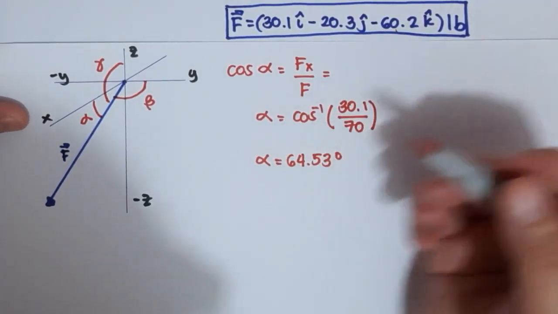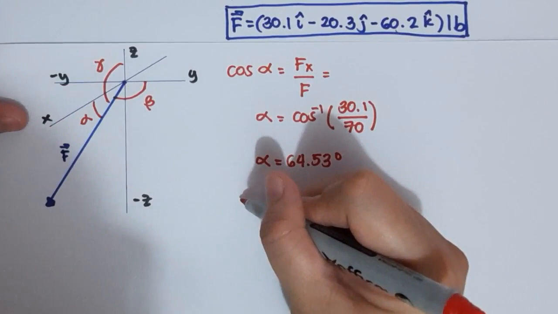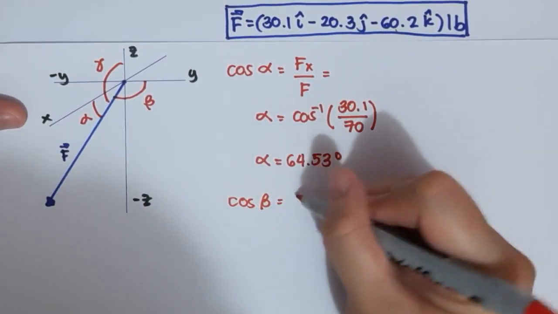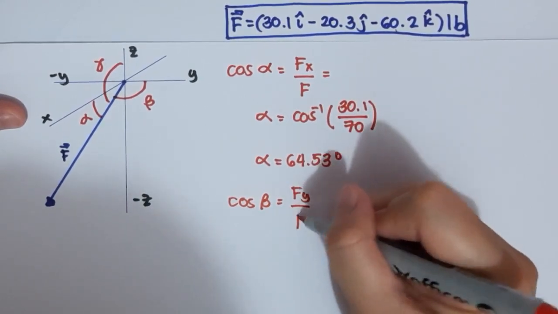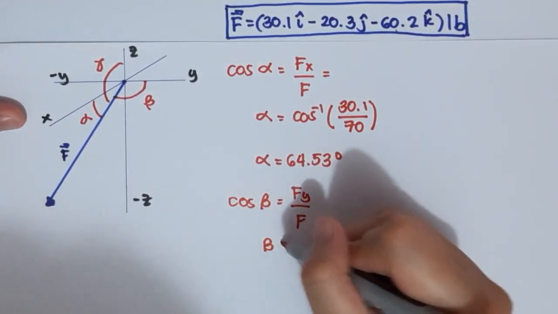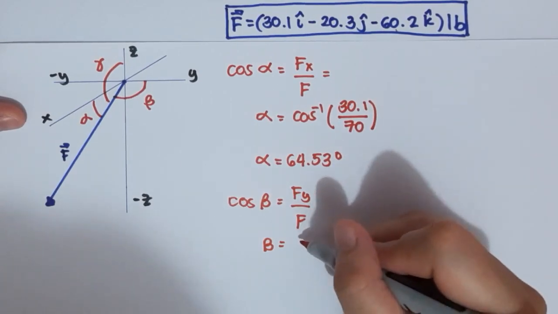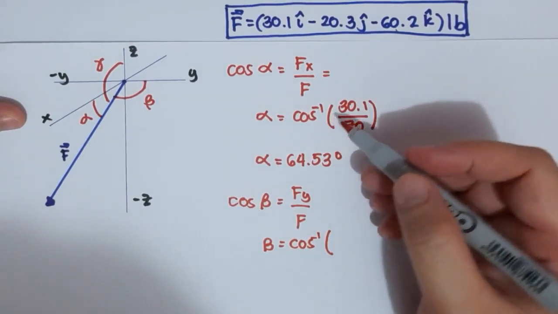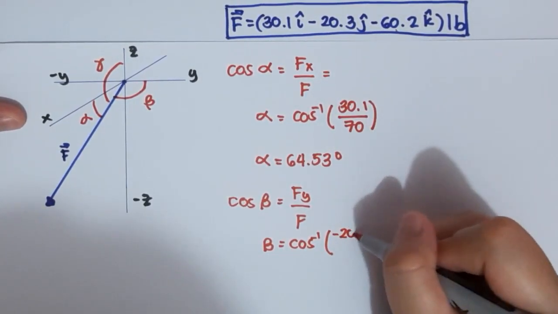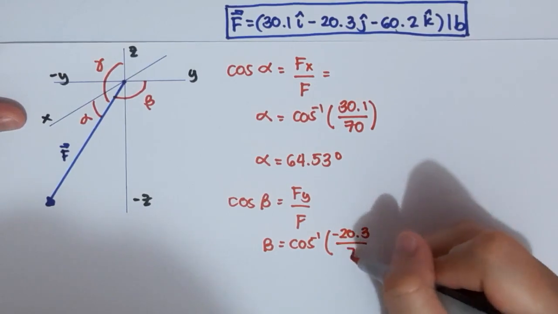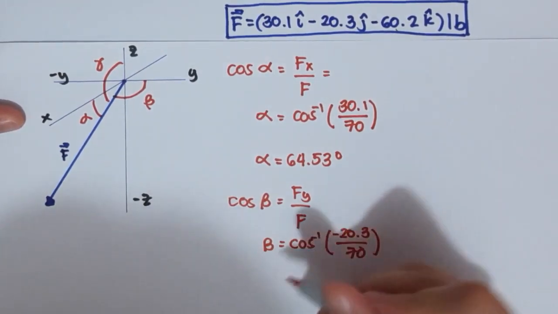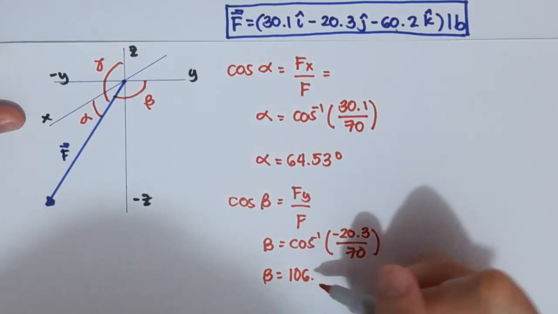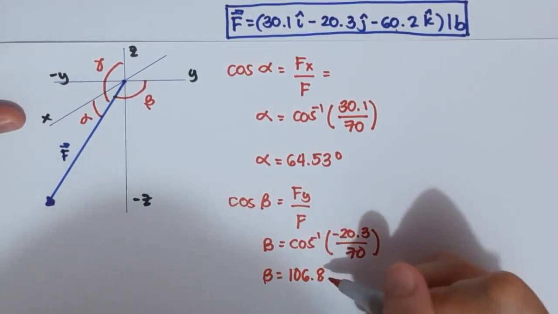And let's solve for beta. So cosine beta is equal to fy over f. So beta is equal to arccosine of fy, which is negative 20.3, divided by 70, and the answer for our beta is 106.86.